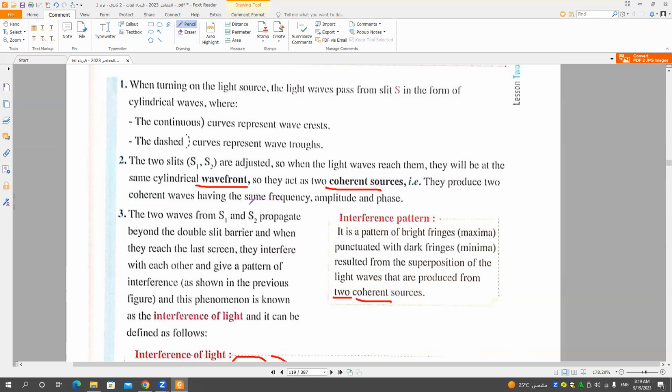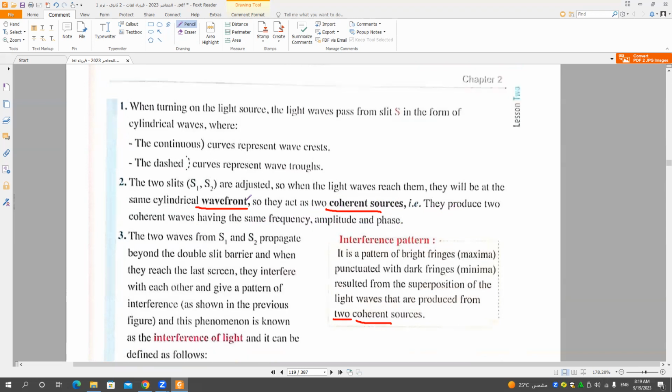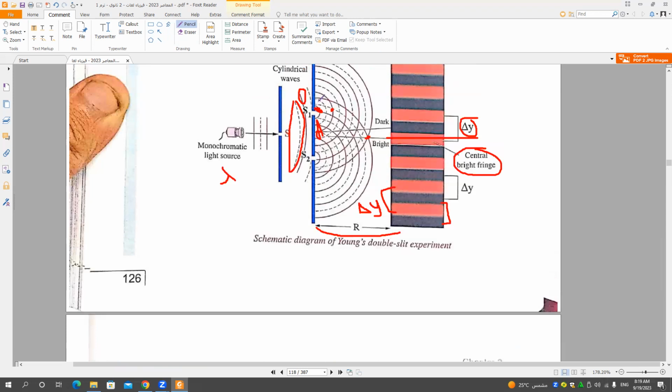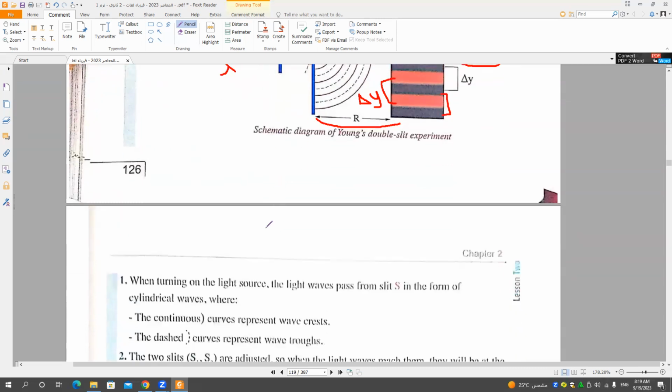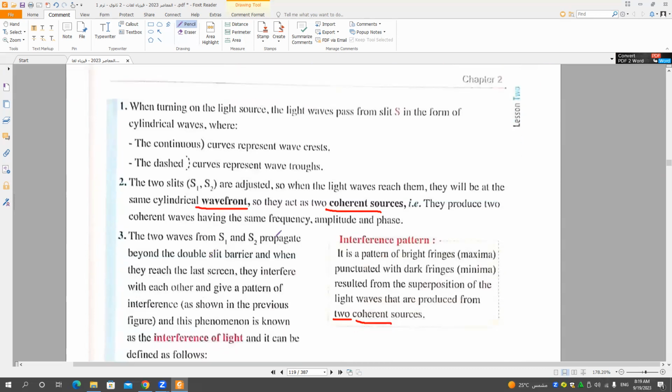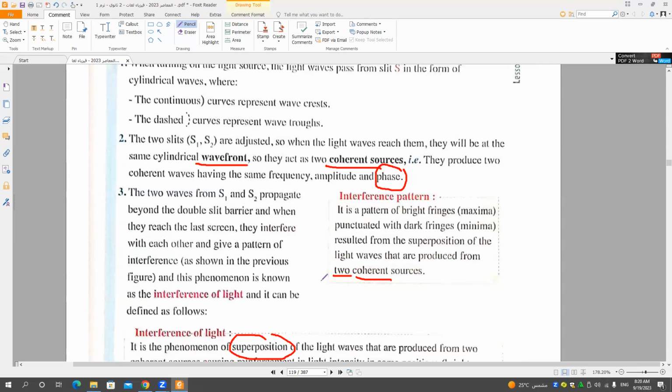The light waves produced from the two slits act as two identical lamps, at the same time, same frequency, same wavelength, and same phase. Same phase means crest with crest or trough with trough, on the same wavefront.